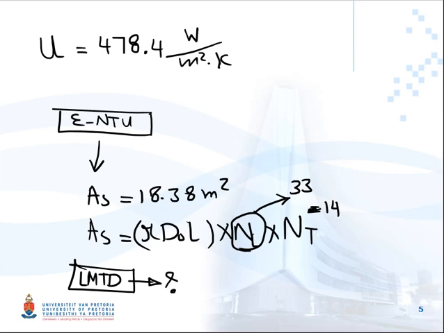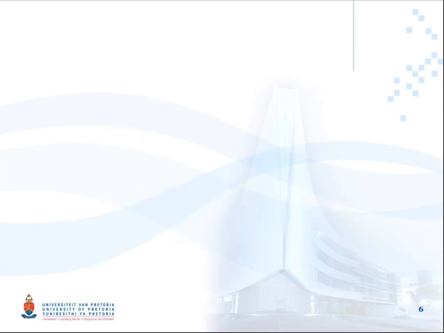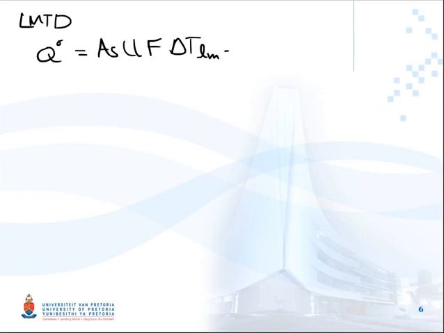Okay, so let me go back to our brainstorming and see what kind of information I need for the LMTD method. For LMTD, the basic equation will be U, F, counterflow.